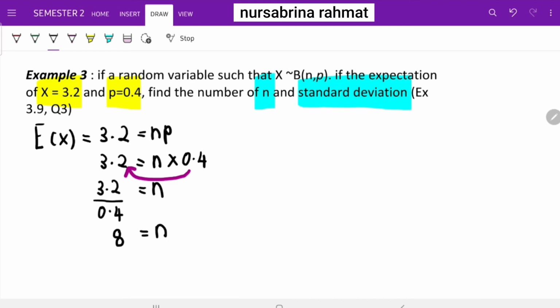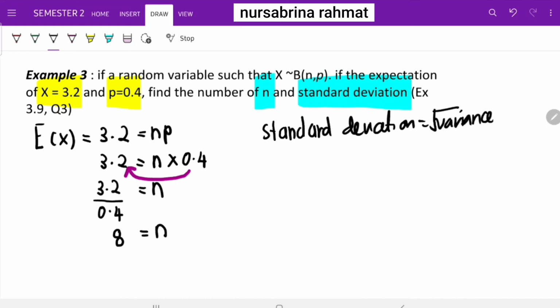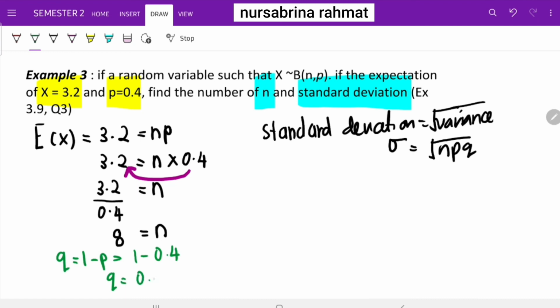We already have n and p from the question. Now let's find the standard deviation, which equals the square root of your variance. The variance is npq. We have not yet found q, but it's very easy: q equals 1 minus p, which is 1 minus 0.4, therefore q equals 0.6.